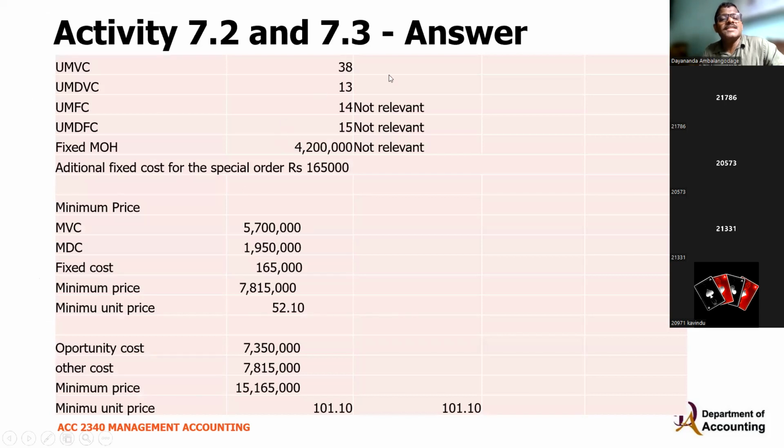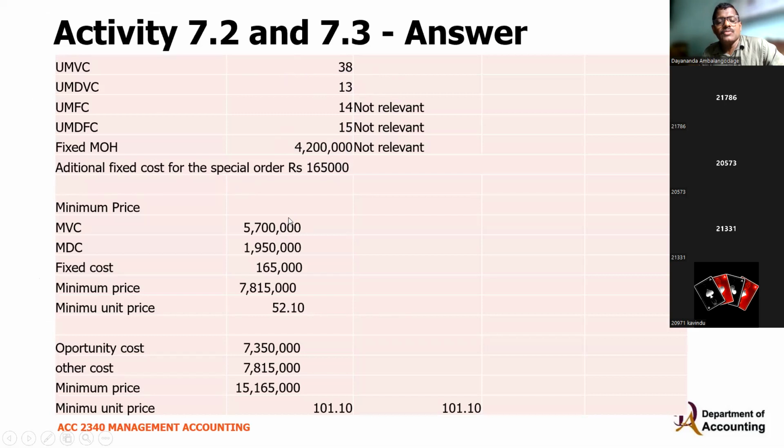So what is relevant here is 38 rupees, the variable cost in material, and 13 rupees, direct variable cost. But the existing fixed costs are not relevant, while the additional fixed cost which is going to be incurred, 165,000, is relevant.